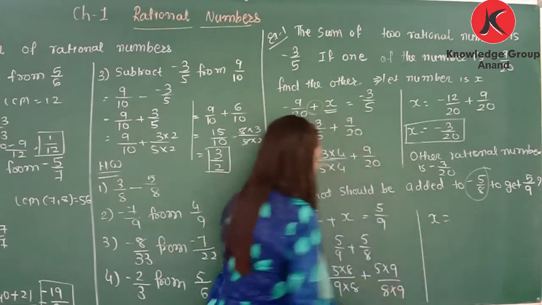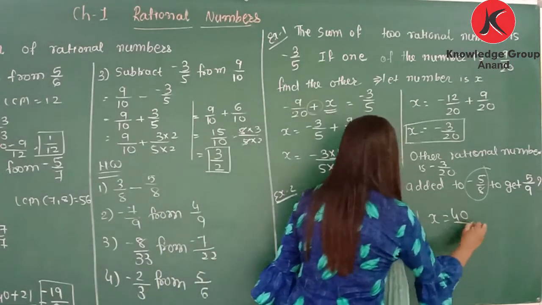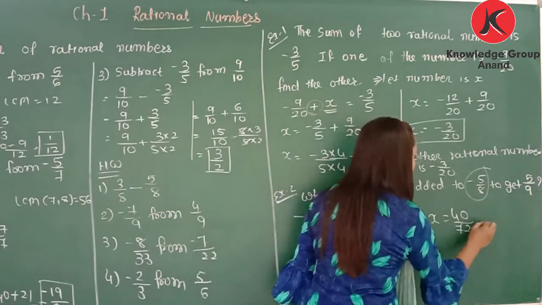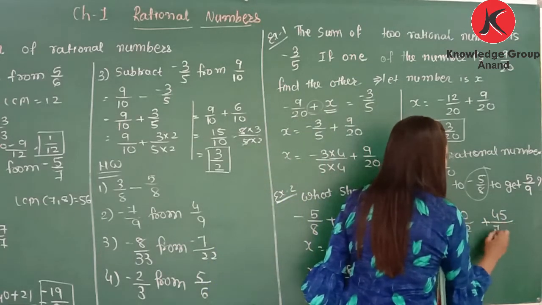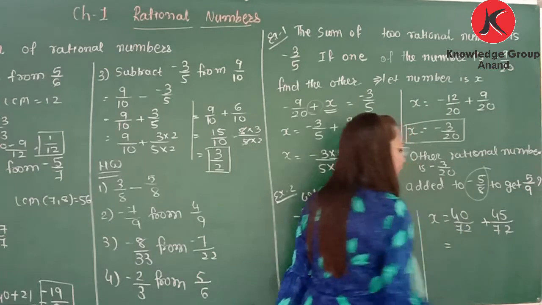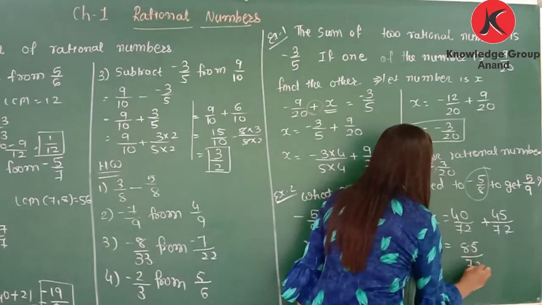Now x is equal to 8 multiplied by 5, 40 by 72, plus 9 multiplied by 5, 45 by 72. Now the denominator is the same, so add the numerators, that is 85 by 72.